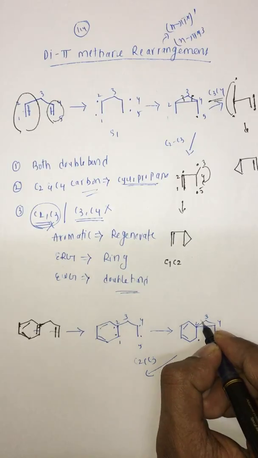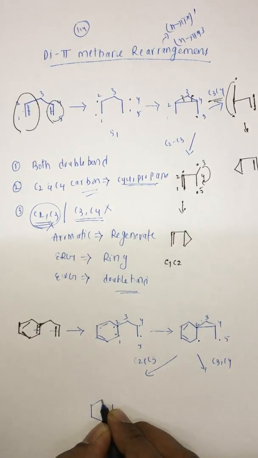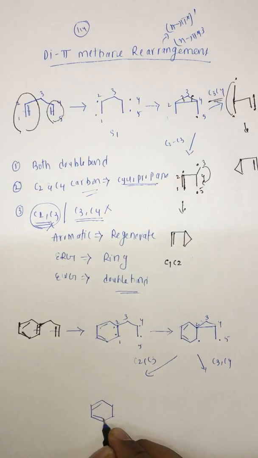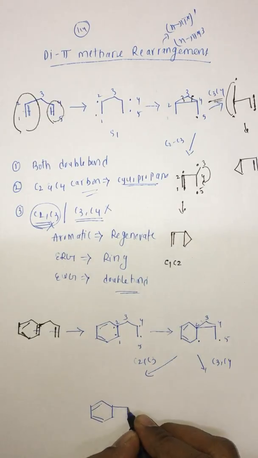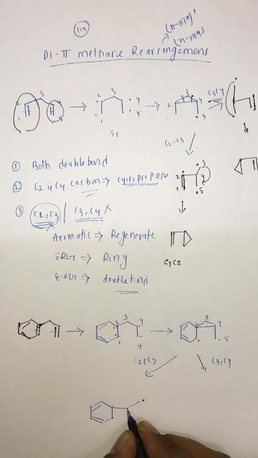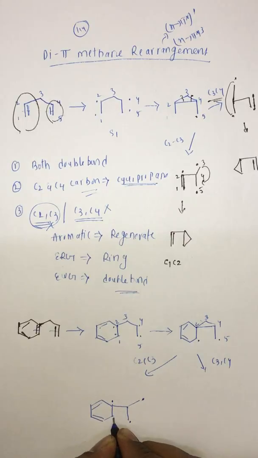So now we are breaking this. After breaking this, C3 comes here, C4 C5 will be here, and here radical will be there.